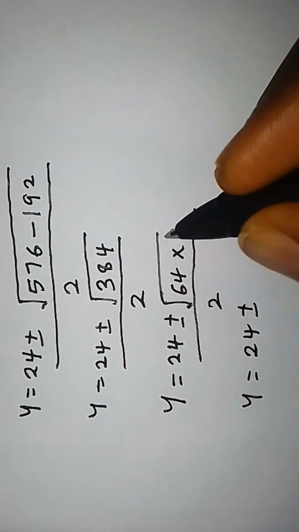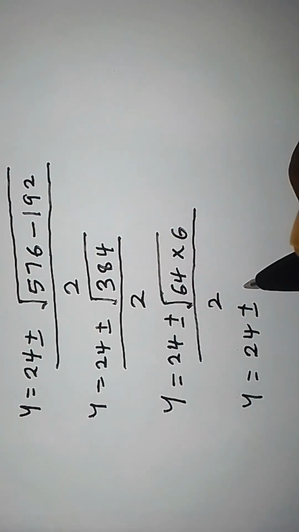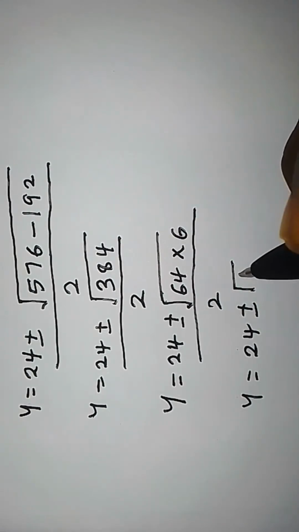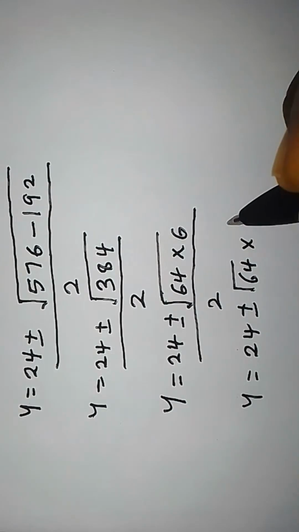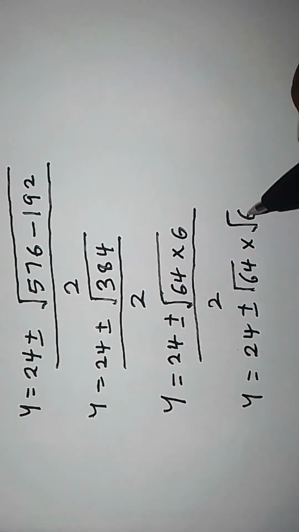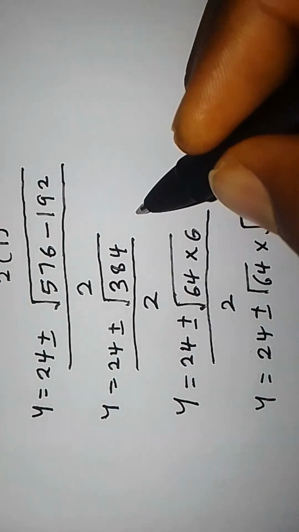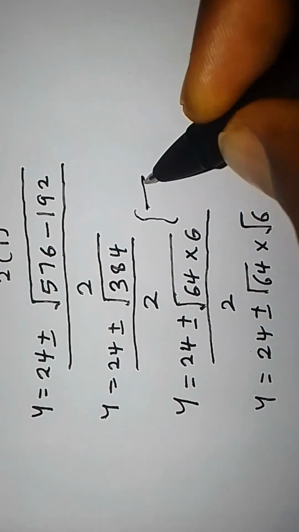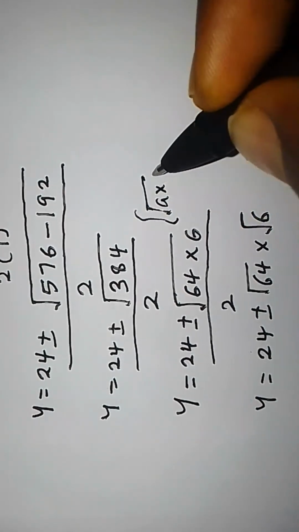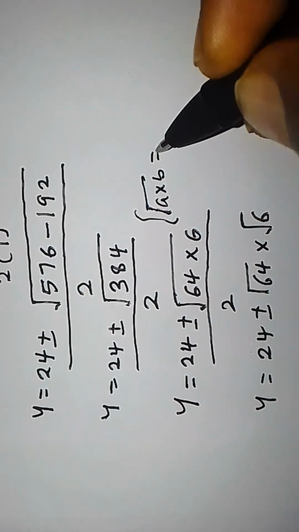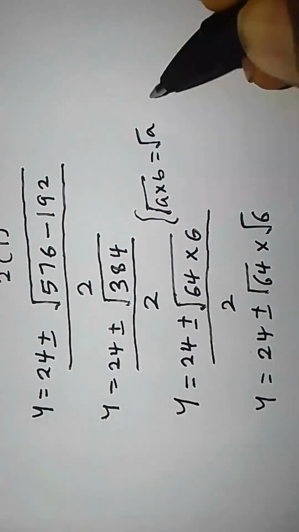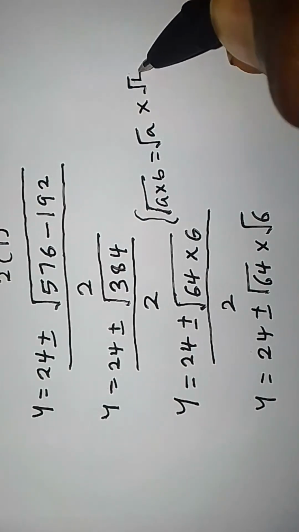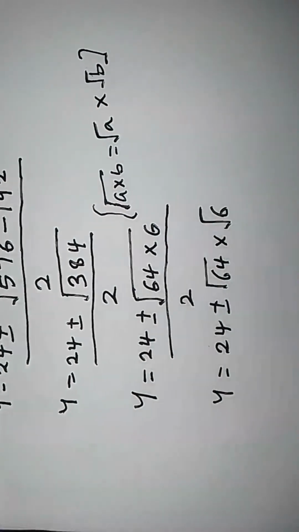We can rewrite this as square root of 64 times square root of 6. That is, using this identity, let's say we have square root of a times b, this is equal to square root of a times square root of b. Let's continue.